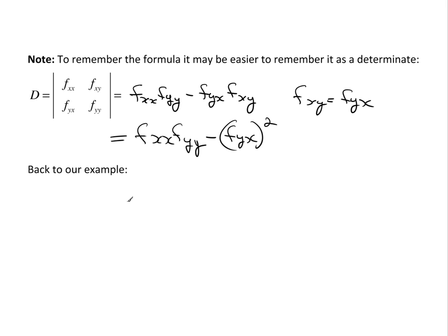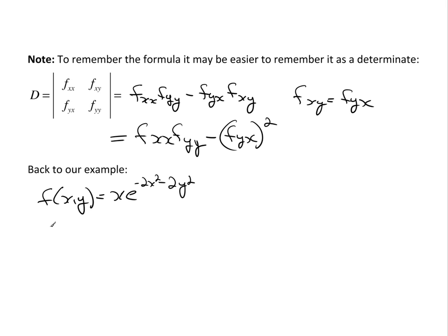So let's go back to our example and apply the second derivative test to see if we can figure out whether we have local mins or maxes in that previous example. Just very quickly, f of (x, y) is x e to the negative 2x squared minus 2y squared.